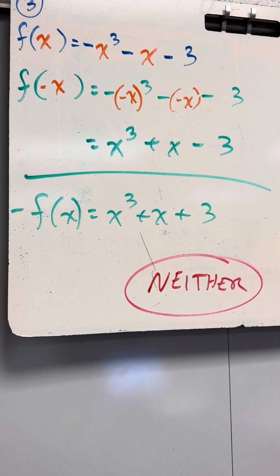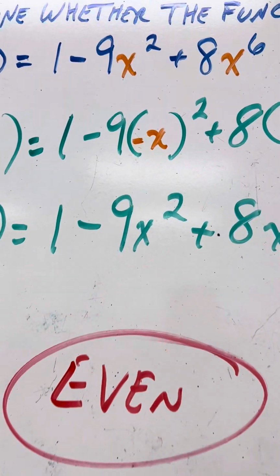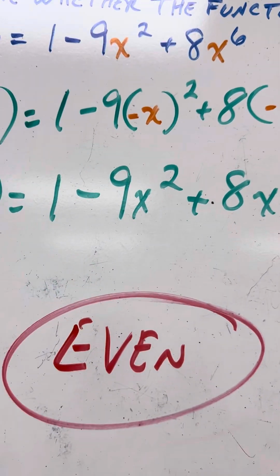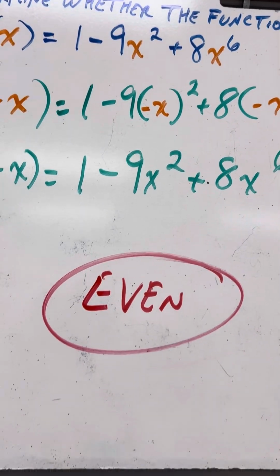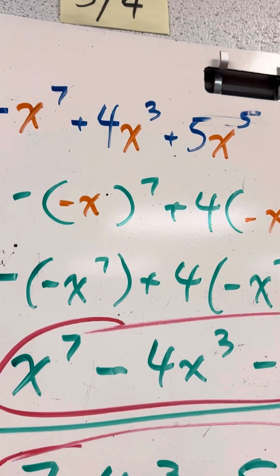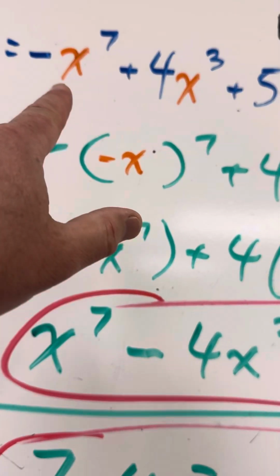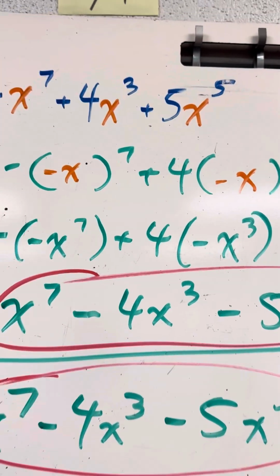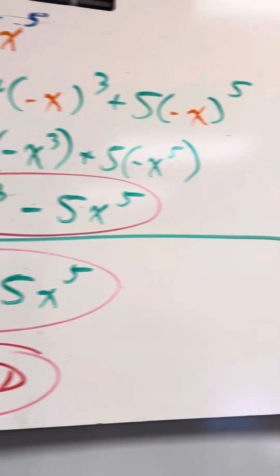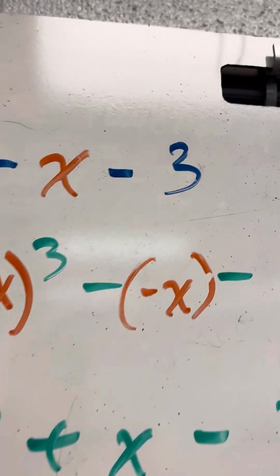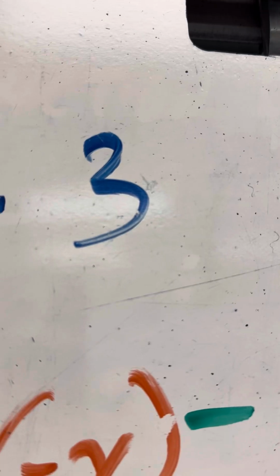The little shortcut should be for you that if you're going to have even exponents, chances are it's going to wind up being an even function. If you have odd exponents, chances are it's probably going to be an odd function. Just make sure you notice that all the terms have an x value. And notice here, there's odd exponents, but here there's no x after the 3.